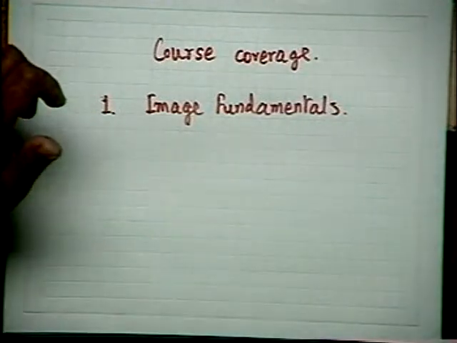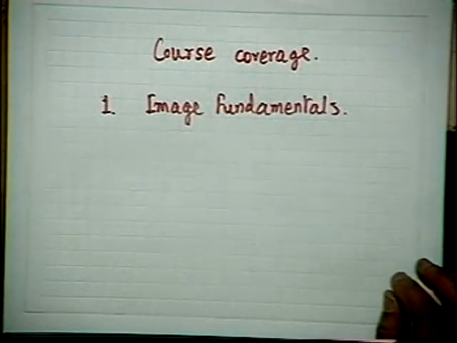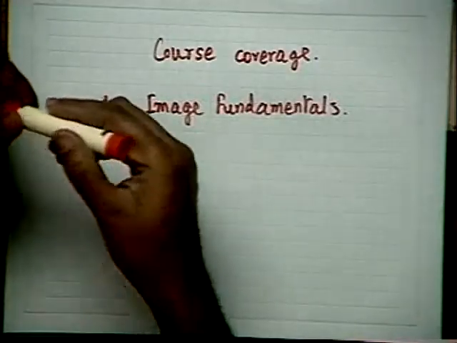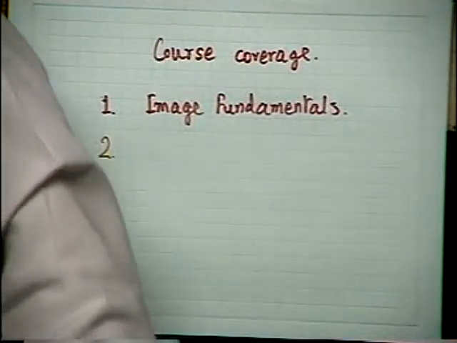In this, we will be basically defining some of the relationships between various pixels, and we will show you how to represent an image and what the basic relationships are. All these we will cover under image fundamentals, and after that we will be going over to imaging geometry.